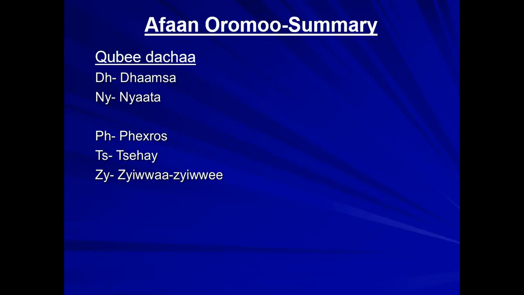This sound is typical of the Oromo language, and you need to practice. Dha, that's not da, but it's dha. So da and the ha sound combined create the sound dh. It is not d, it is dh.